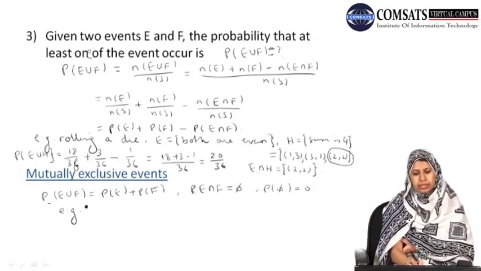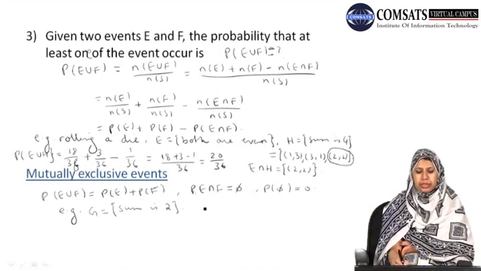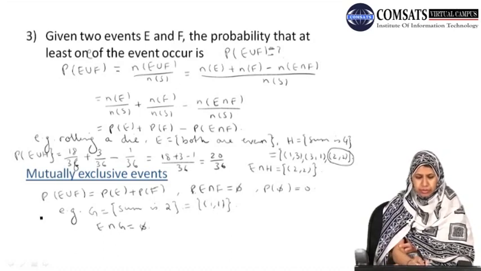For example, we consider an event G from our previous lecture, that sum is equal to 2. Then this event contains only one sample point 1 1, and the intersection of these two events E and G is empty, that is these two events are mutually exclusive.